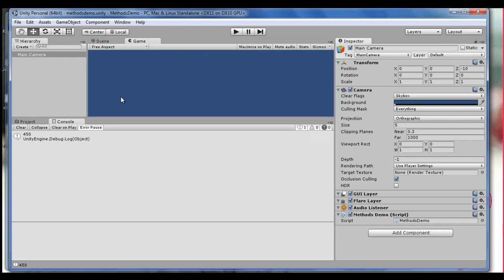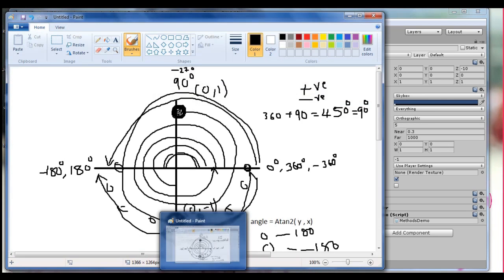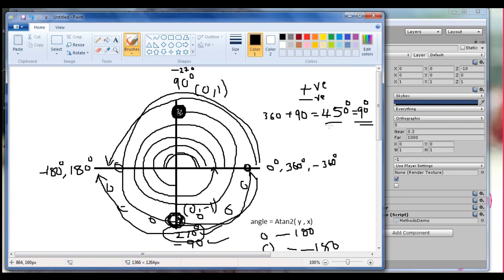Now what is 450 degrees? 450 degrees is actually equal to 90 degrees. So whenever you want the positive angle and do not want the negative angle, you can add 360, that is 2 pi, to it. Then you will get positive angles, which you can use for any other calculations.